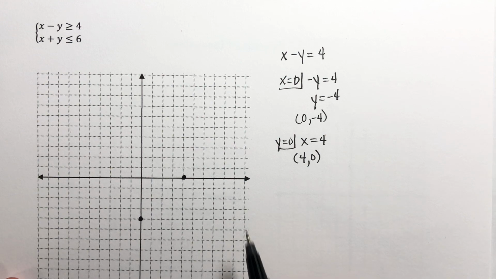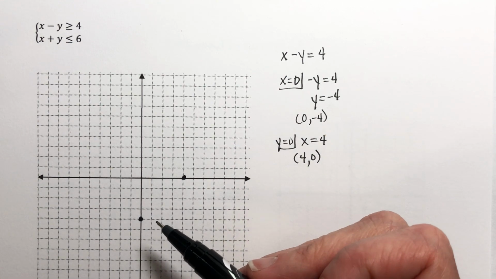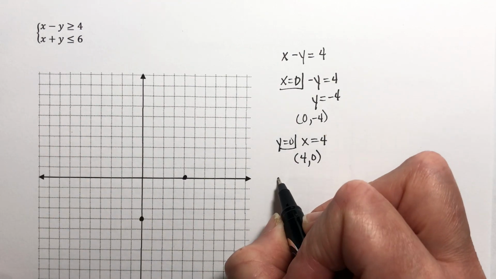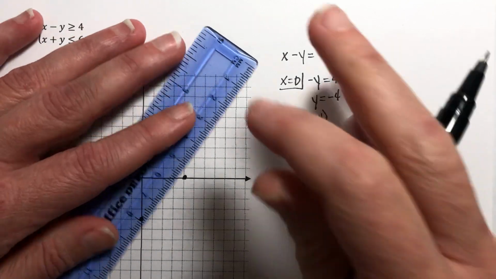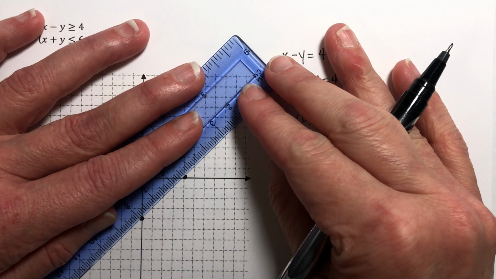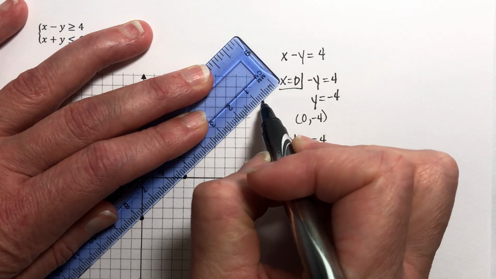Okay, so I know where my boundary line is. I just need to decide if it's going to be dotted or solid. And if you look up here, it has an equal to on it, so it's going to be solid. Okay, let's see if I can get it graphed nicely.